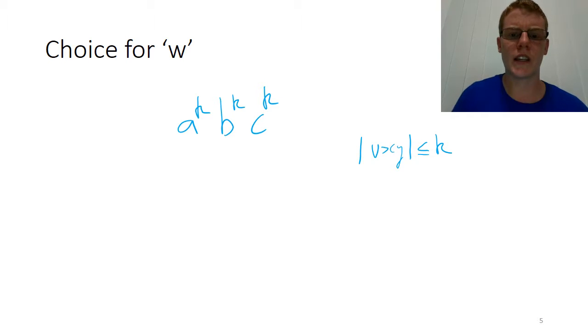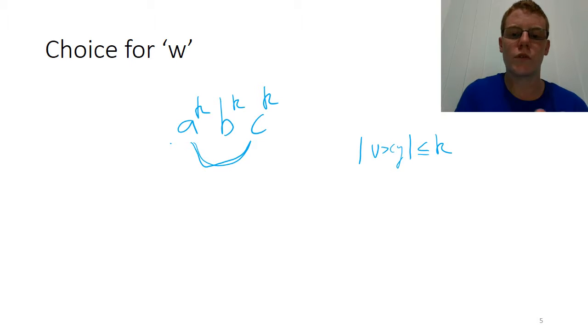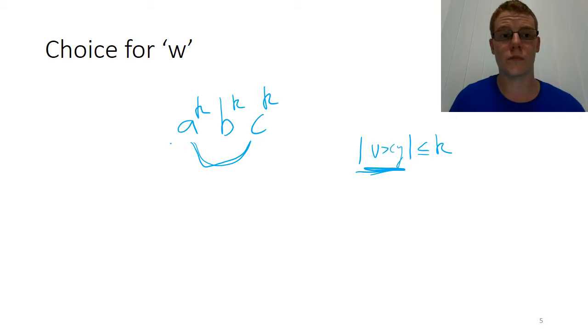It's similar in this case, because what we do by doing this is we make sure that there is no way that we can have v and y both in the a's and the c's at the same time, because that would require this part of the string to contain all of the b's and some other characters, and the b's already contain as many characters as vxy can contain by this inequality here. So this is the string that we're going to work with. Larger strings would work too, but something like a to the k on 2, b to the k on 2, c to the k on 2 would be quite difficult to prove.